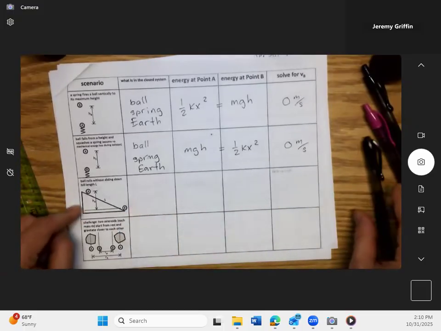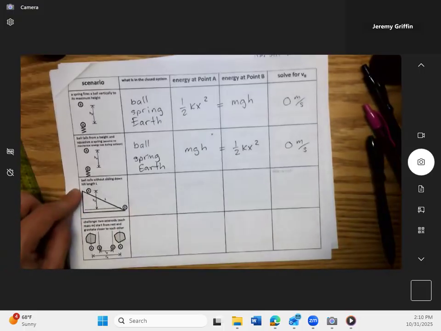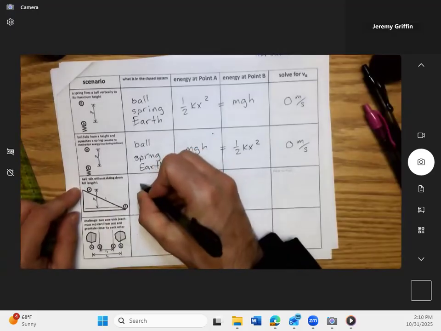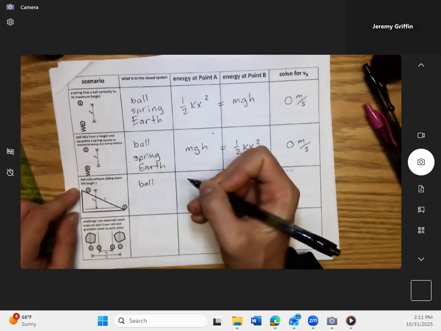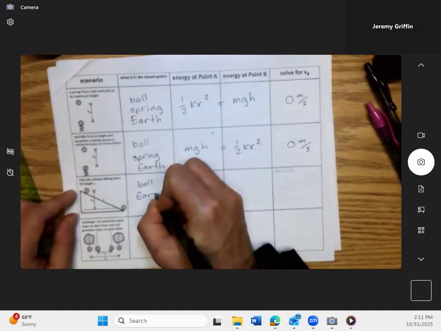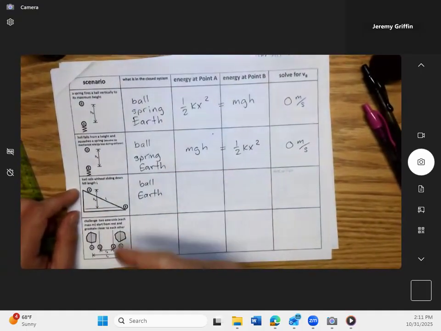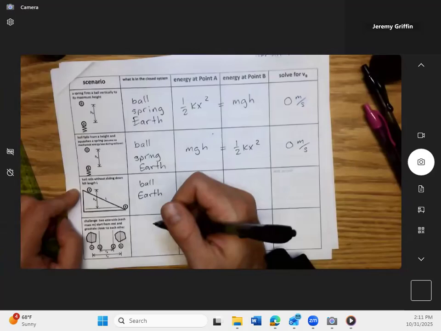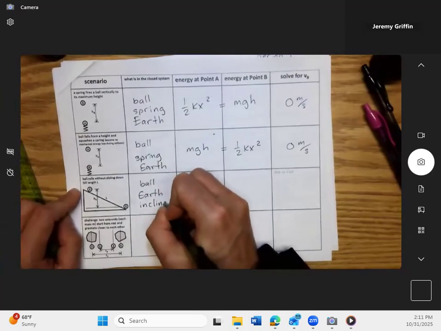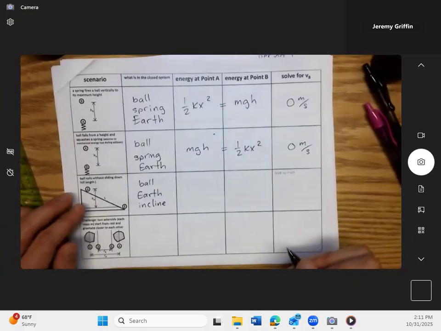This one, you've got some balls rolling without sliding. You see rolling without sliding? So I'm going to say the ball is in the system. How about the Earth? Because there's a height change. Ball, Earth. But I'm going to throw one more item in the mix to make it a truly closed system, and that's the incline itself. Here's why.